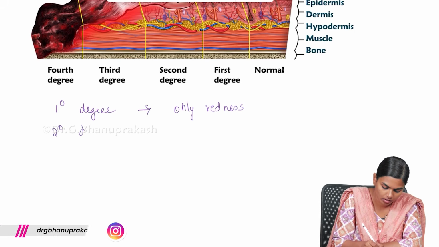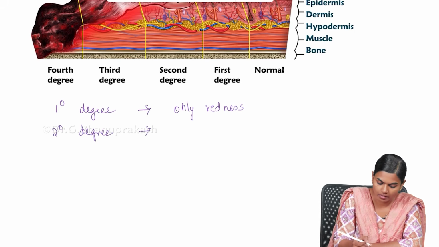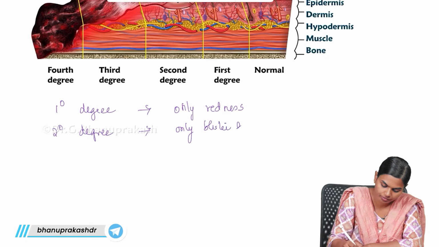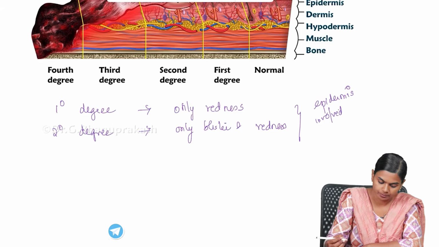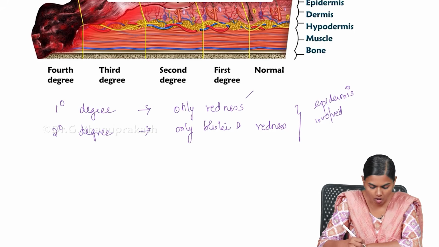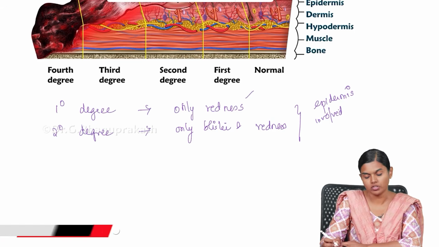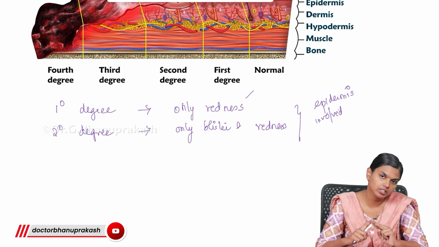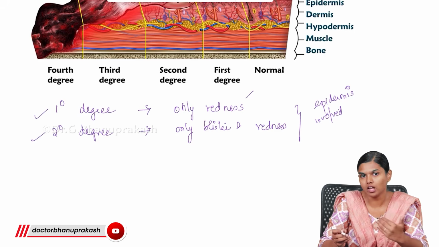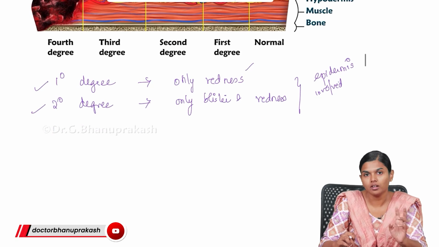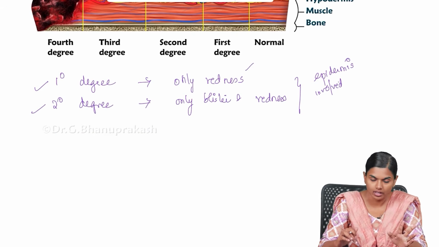Then you have your second degree, where you will get redness and blister. When only the epidermis is involved, you will get either redness or redness along with blister formation. So these are the first two degrees of Dupuytren's classification. First degree, only redness. Second degree, redness along with blister.